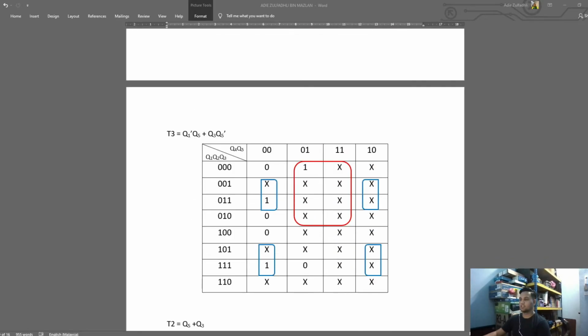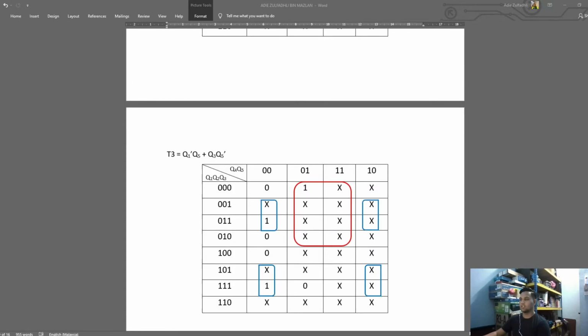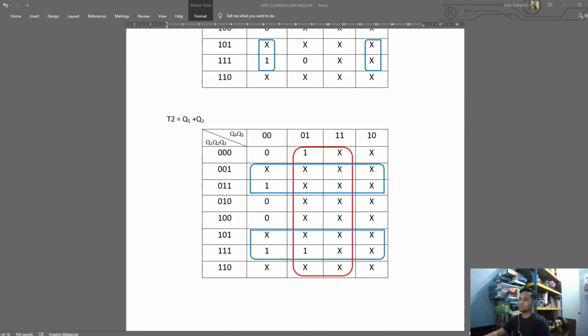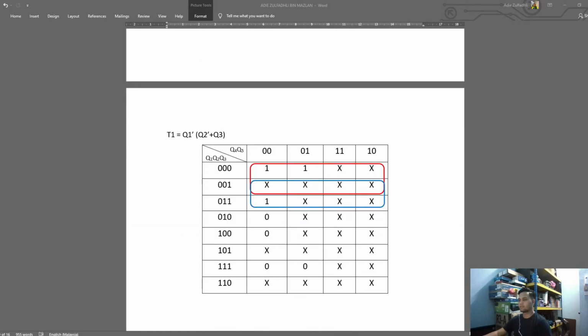So this is T3, Q1 bar Q5 plus Q3 Q5 bar. Okay, this is T2, Q5 plus Q3. This is Q5 and this is Q3.